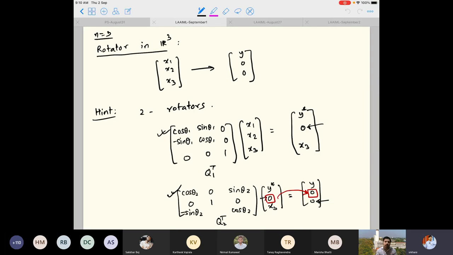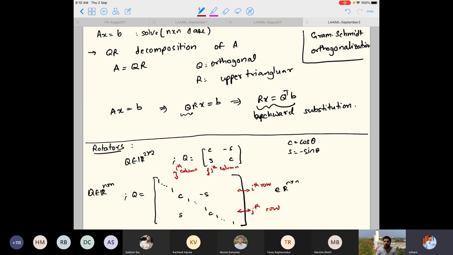So here you see i and j. Here i is equal to j is equal to 3. Then what I am really doing is that in the x1, x2 plane, I am applying the rotator, keeping all other components constant. So the same thing is going to happen here also. Here see only i, j.